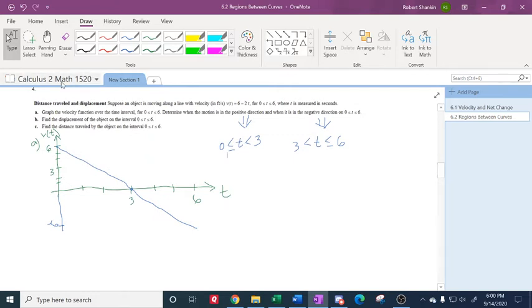So let's go to part B, and the displacement. In calculus, the formula for displacement is the integral from the first time to the second time of the velocity. And why is this?